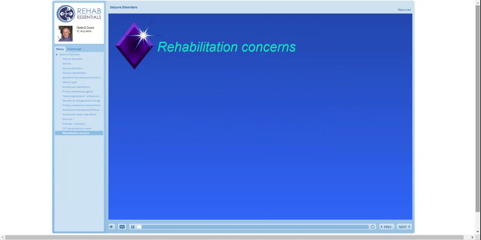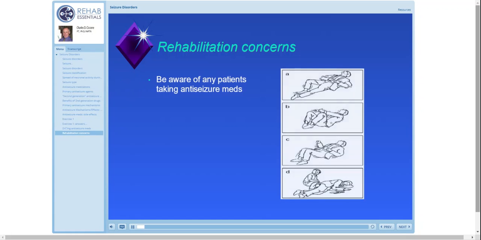So let's summarize our major concerns about these medications. First, you may be working with a patient that has a seizure disorder unrelated to why we're seeing the patient in physical therapy. So simply be aware of any patient that's taking anti-seizure meds. It's certainly true for patients in a neurological setting, but we could be working with a patient in an orthopedic setting or a patient with a sports-related injury like an ACL tear.